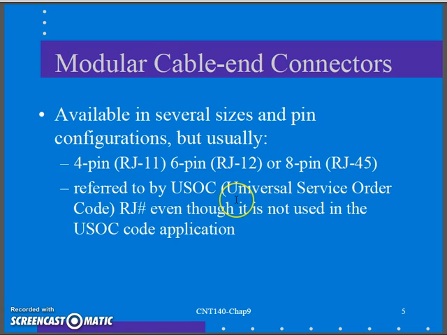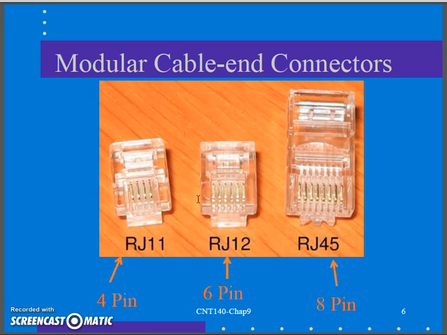These are really referred to by the USOC RJ number, even though it's not really used for that, but most people just call it RJ45 as slang. So we'll just go by the slang name that most people use.